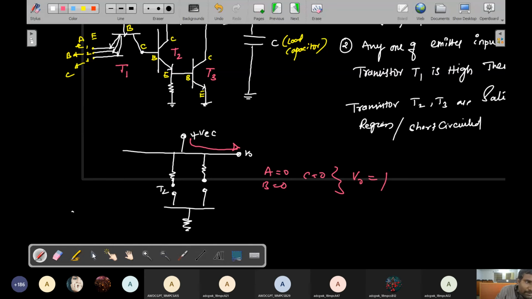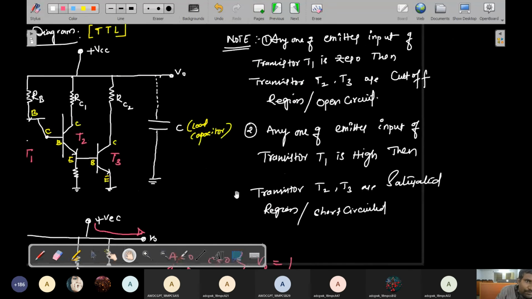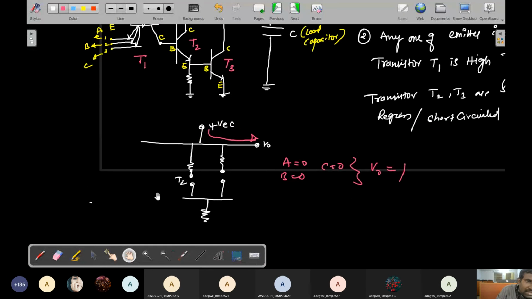Here is one important point. If any one of the emitter inputs of transistor T1 is 0, then the transistors T2 and T3 are in the cutoff region, so there is an open circuit. Any one of the inputs 1, 2 or 3, if any one is taken as 0, is not connected to ground.